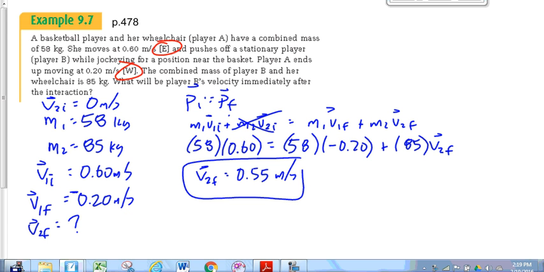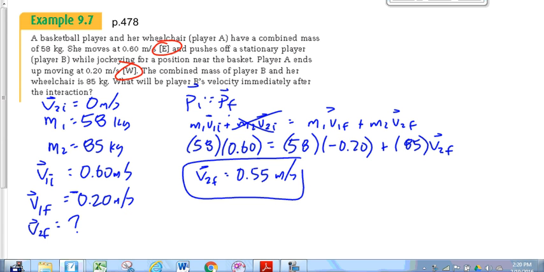How is it different? The only difference between yesterday's questions and today's question is when they collide, they don't stick together. So instead of having one object, MVF, after the collision, now we have two, M1 V1F plus M2 V2F. That doesn't make it harder. That just makes it slightly longer, that's all. Okay.